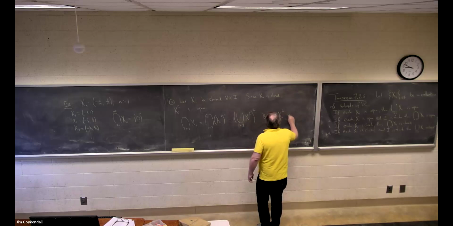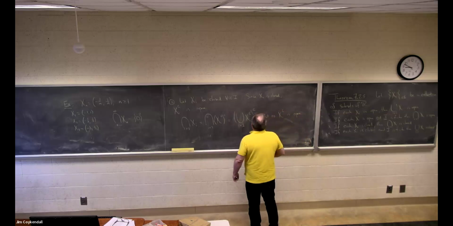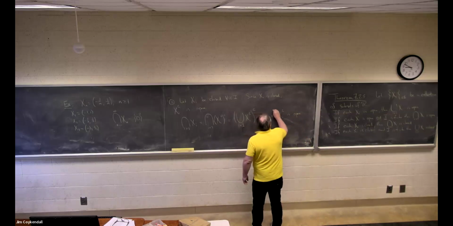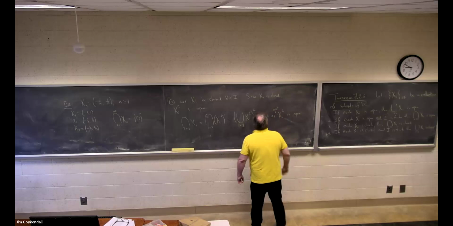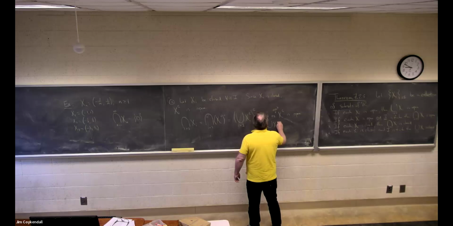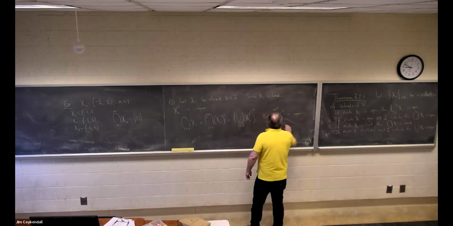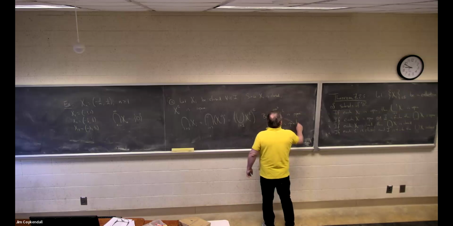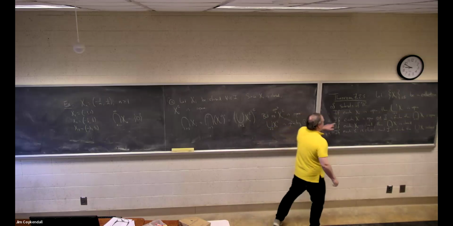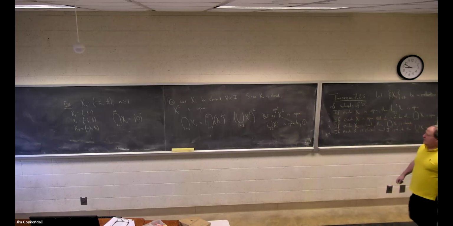Each Xi complement is open. So the union of the Xi complements is open by number 1, because the union of a bunch of open sets is open. Right?